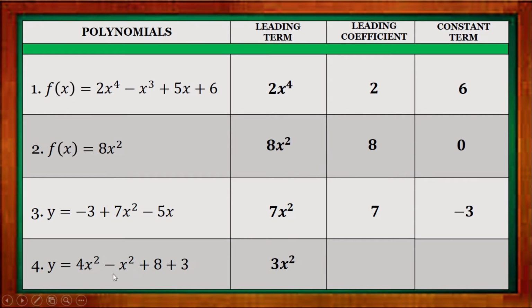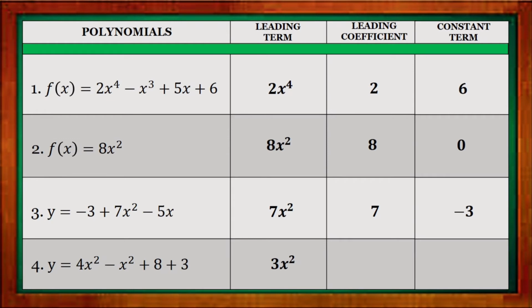Ay given itong function natin na ito, saan po nanggaling si 3x squared? So as you can see, given example, we have 4x squared minus x squared plus 8 plus 3. So we have two sets of similar terms. We have two quadratic terms, and we also have two constant terms.